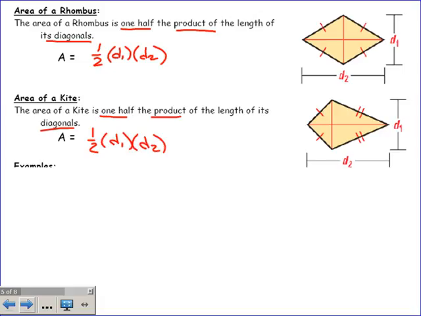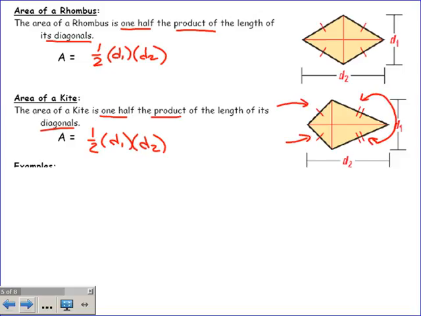Okay, they're like the same, right? A rhombus, remember, is like a square that's kind of tipped over. All 4 sides are the same. And a kite has 2 sides that are right next to each other that are the same. It could be this side and this side, and then this side and this side are the same.